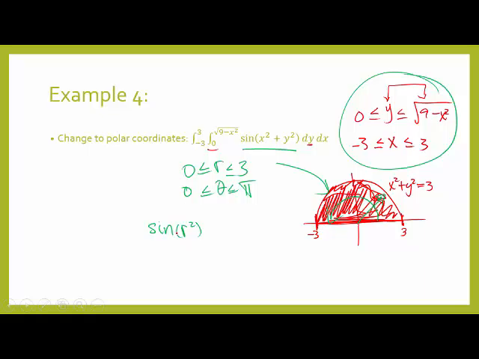Based on our polar coordinate substitutions, x squared plus y squared is equal to r squared. So that comes down here. And then now we're going to integrate this with respect to r first, going from 0 to 3, and then with respect to theta, going from 0 to pi, and then don't forget the extra r.